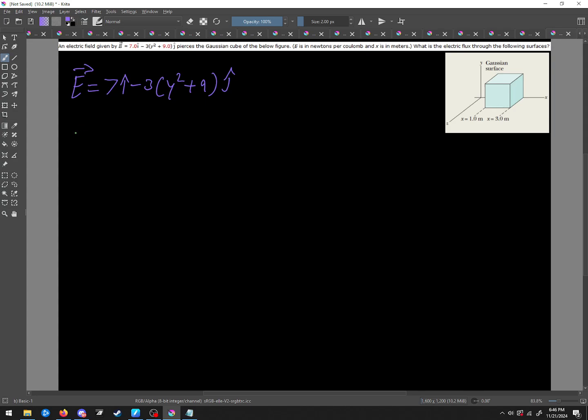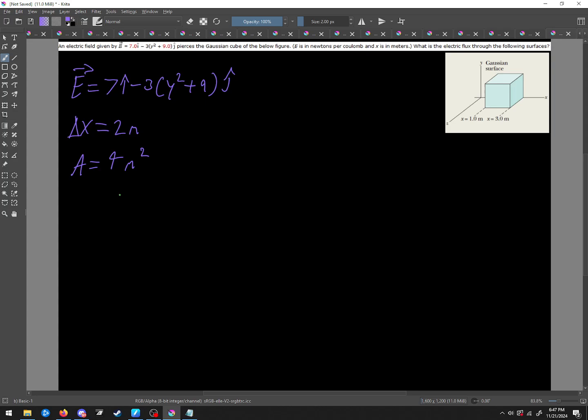Looks like delta x is 2 meters. That means area, because this is a cube, area on any surface is going to be 2 squared, so 4.